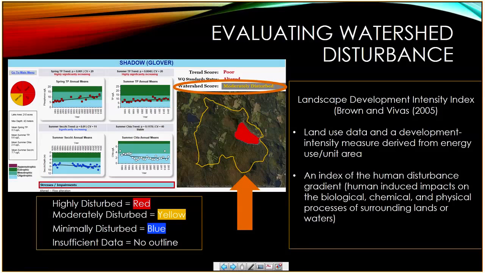The data that we use to generate the disturbance value comes from an index developed by Brown and Vivas in 2005. Basically, there's a GIS layer, and each acre of that land falling within the watershed is evaluated to find out what kind of land use is occurring there.